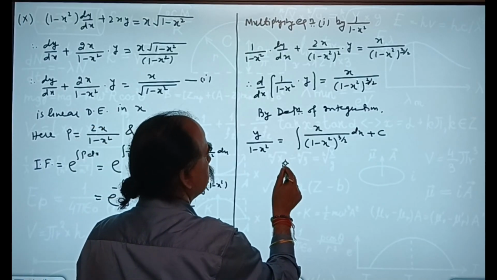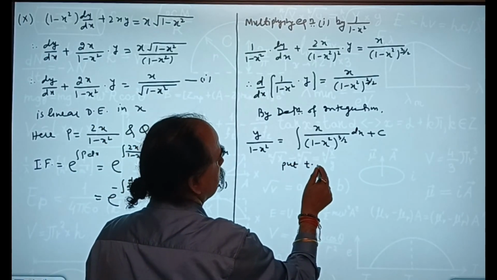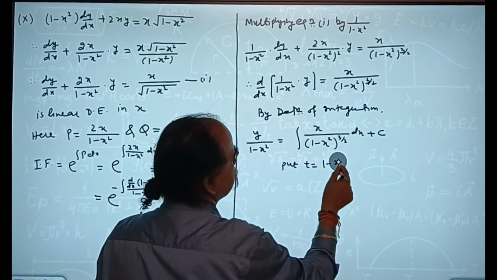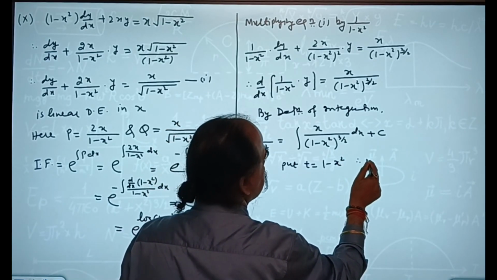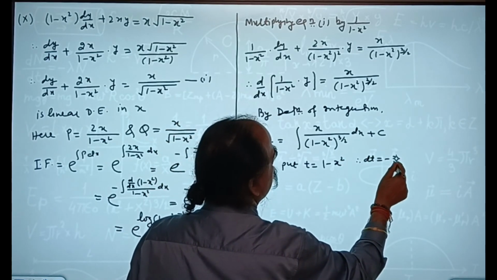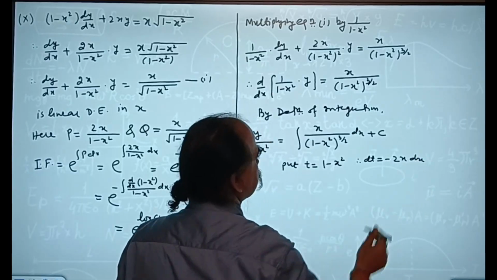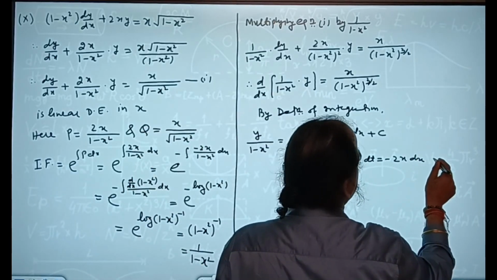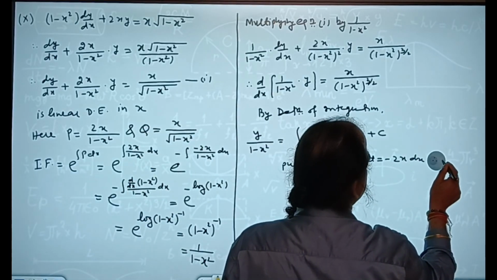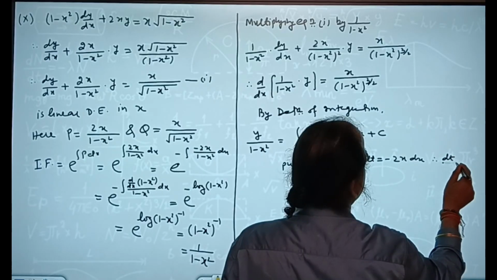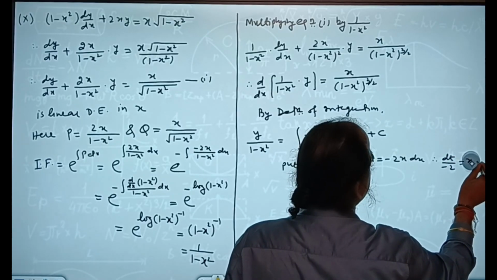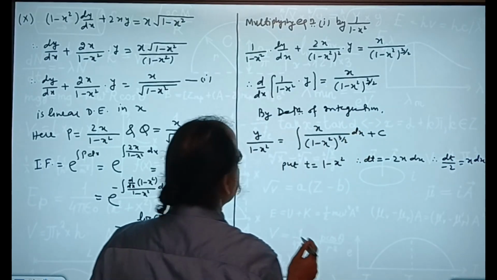Put t is equal to 1 minus x square. So dt will be what? Minus 2x dx. So dt upon minus 2 is what? x dx.